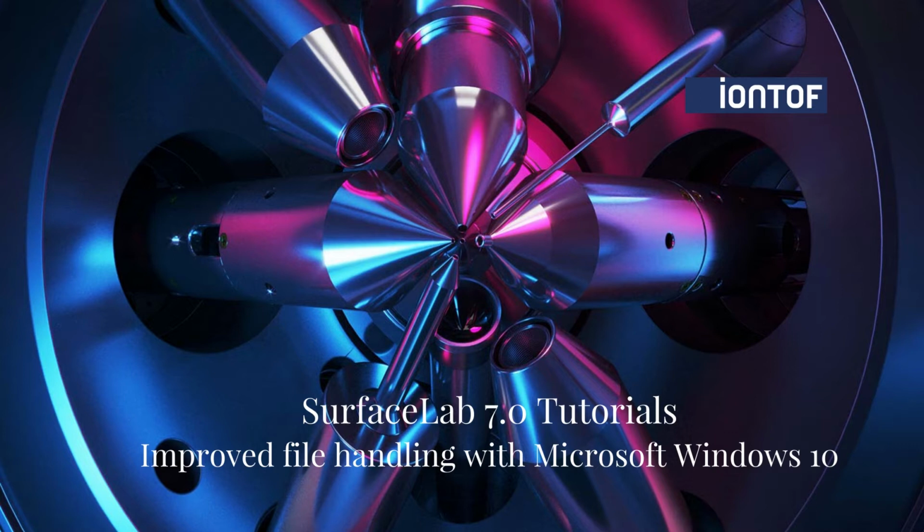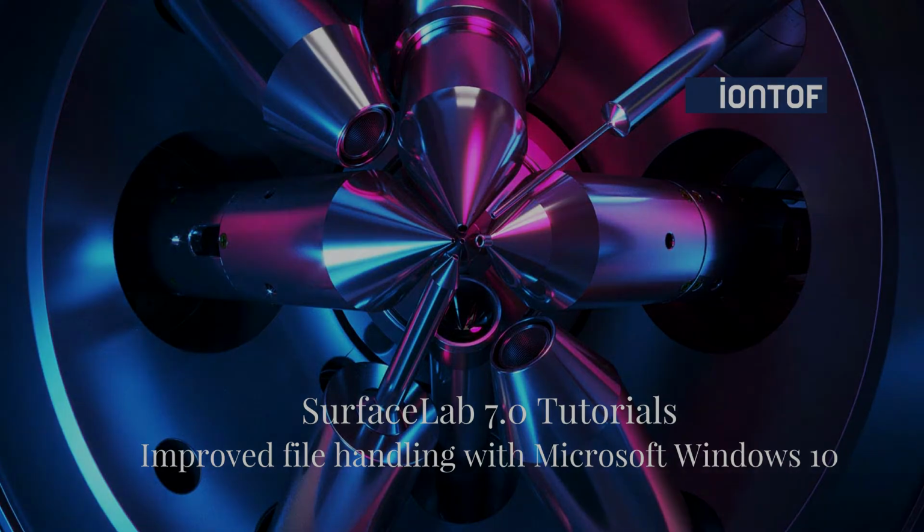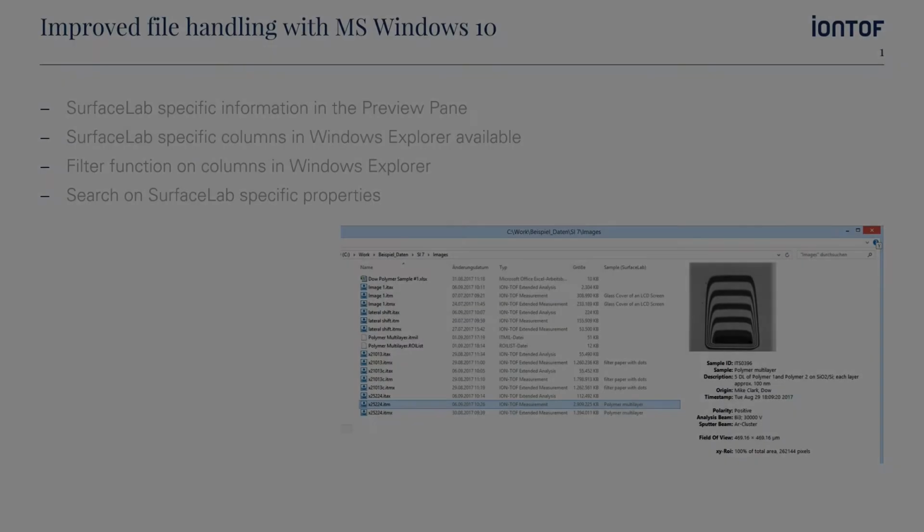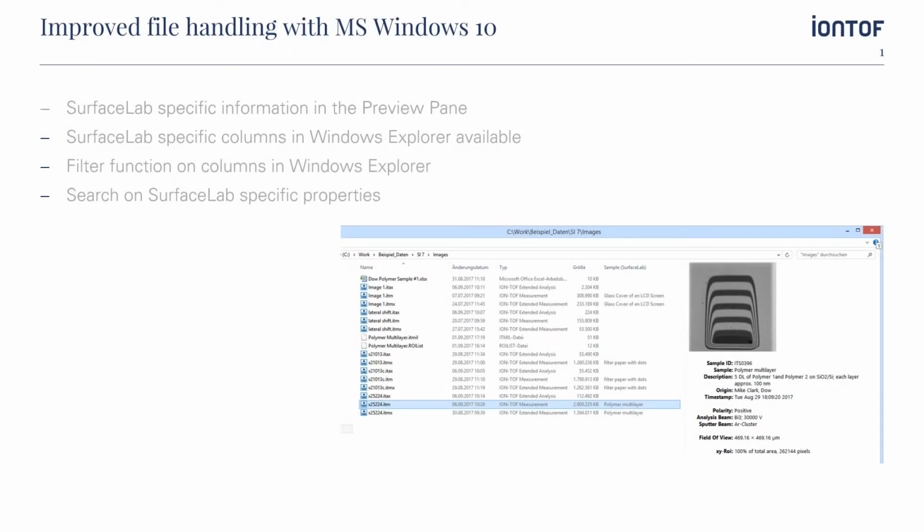My name is Matthias. Today, I would like to introduce you to the improved file handling using the Microsoft Windows 10 Explorer, which we have introduced with SurfaceLab 7. This feature will display specific information in the preview pane of the Microsoft Explorer.